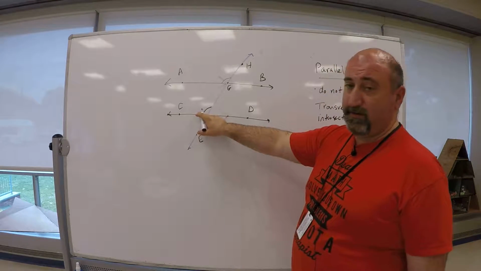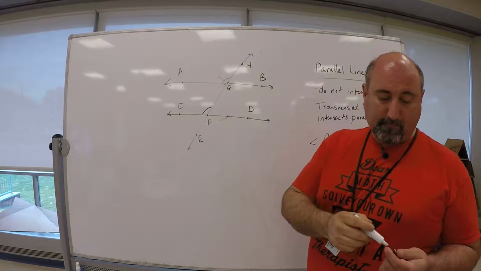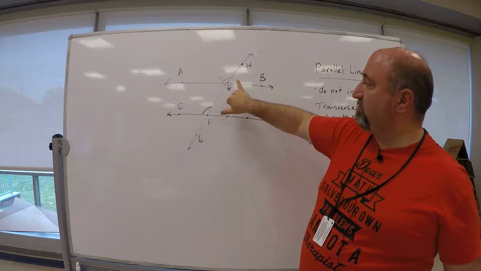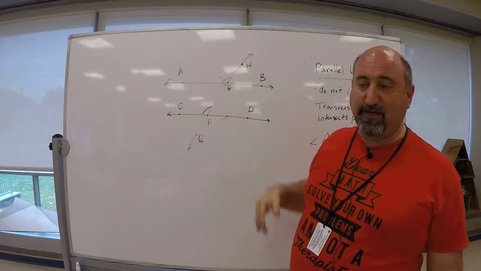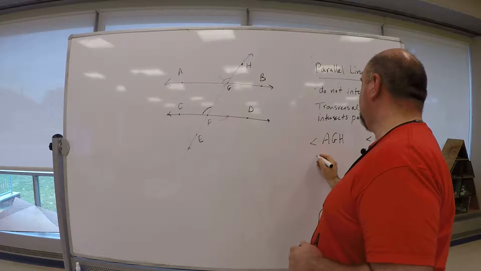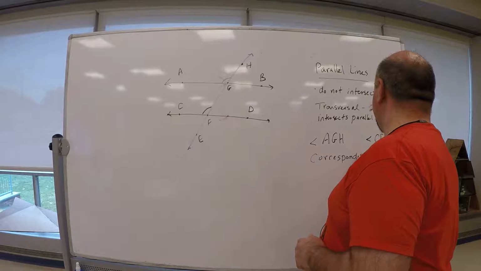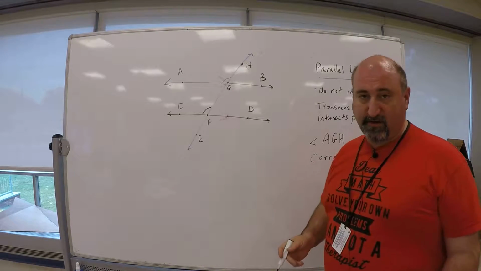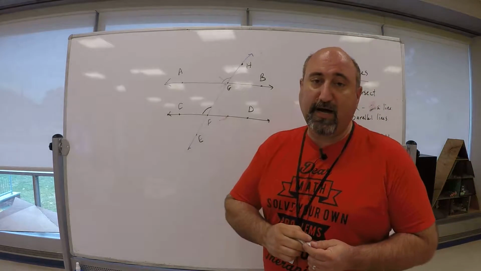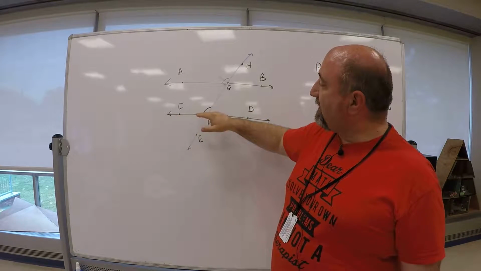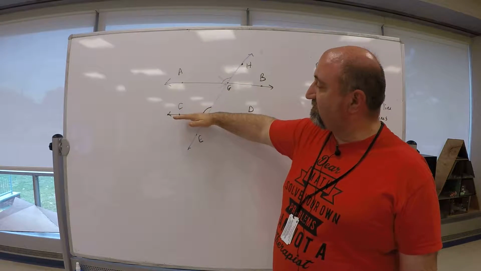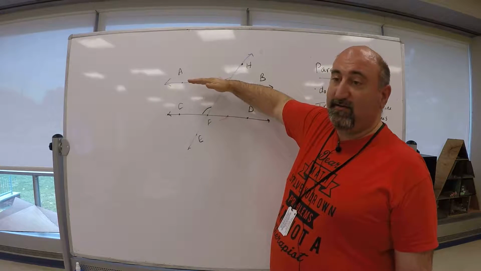So this angle right here and this angle right here. We're going to refer to these two angles as being corresponding angles, C-O-R-R-E-S-P-O-N-D-I-N-G. What makes them corresponding is that they lie in the same relationship on this line as this one lies on this line.